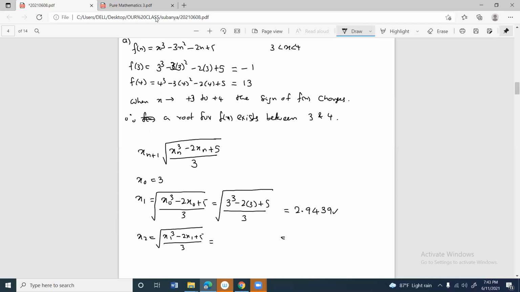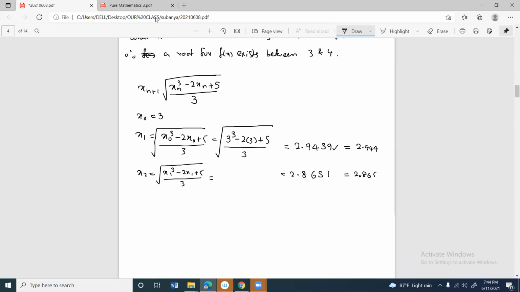That answer is 2.8651. If you write it to 3 decimal places, x1 is 2.944 and x2 is 2.865. So they are not similar. That means you have to go further.